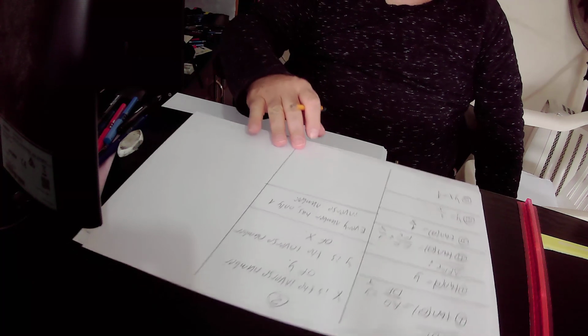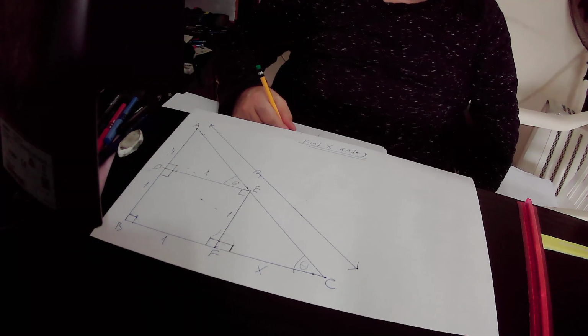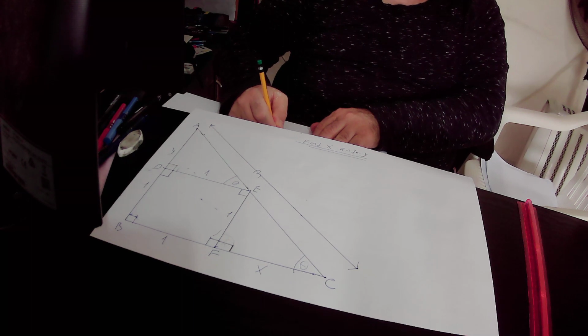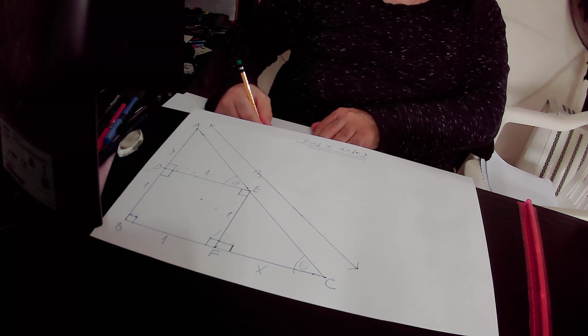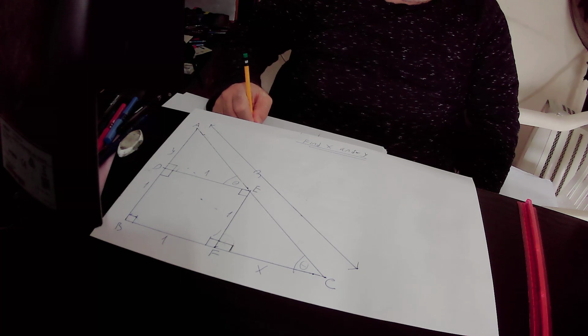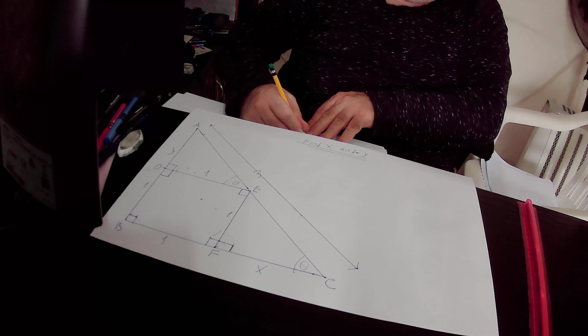In the next step we will focus on the right triangle, triangle ABC. According to the Pythagoras theorem, the square of the hypotenuse equals the sum of the squares of the perpendiculars.